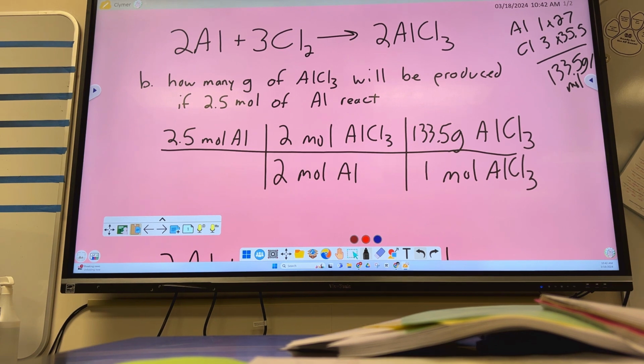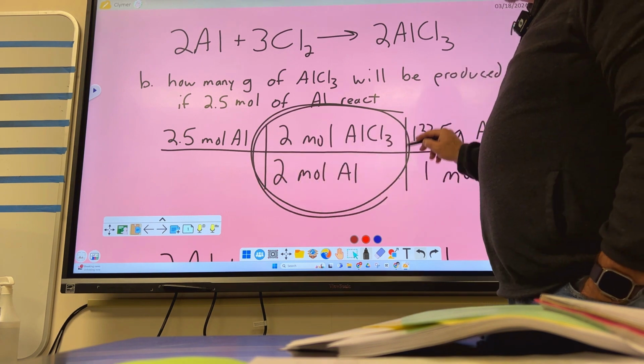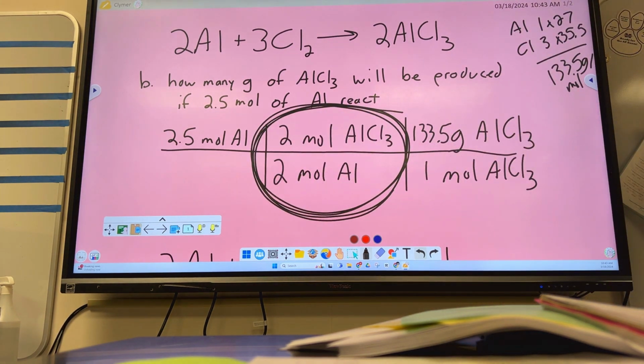So I want to point out the importance here of this step. We've kind of been doing it automatically the last couple days in class. We've just been converting from moles of one thing to moles of another. We did this in the lab. We did this in the worksheet from last Thursday, where we've just been talking about, hey, you can go from moles of one thing to moles of another. So that hasn't changed.